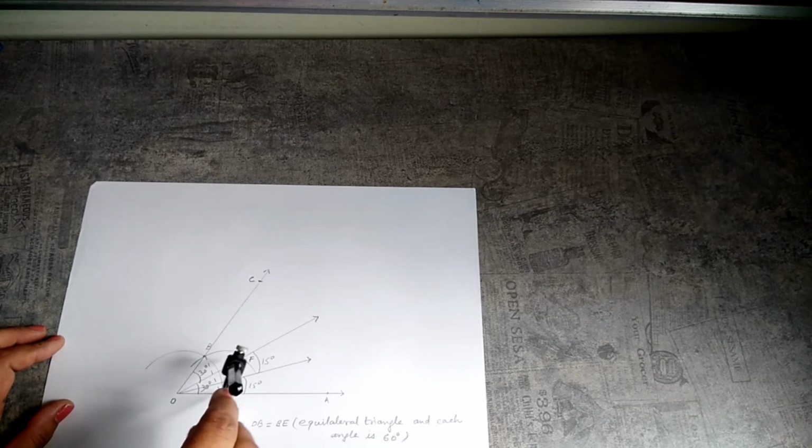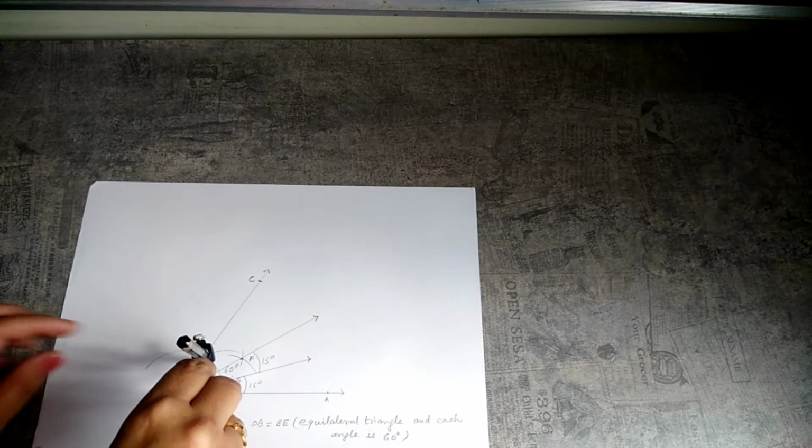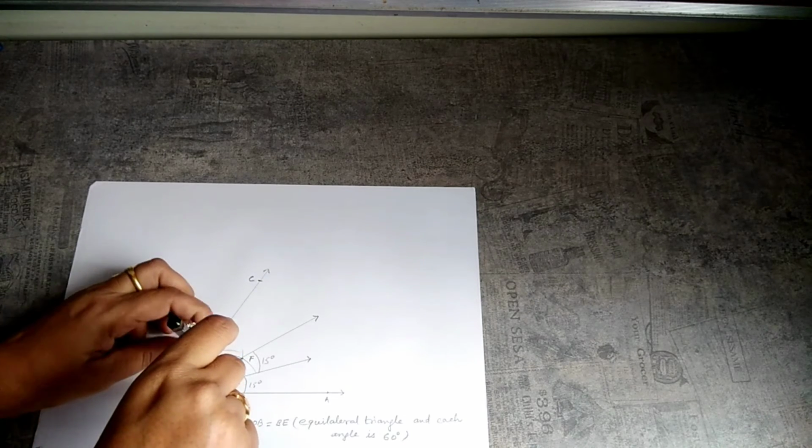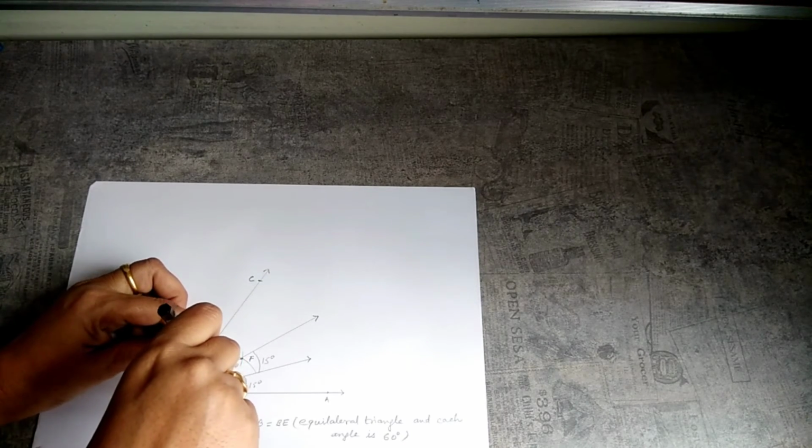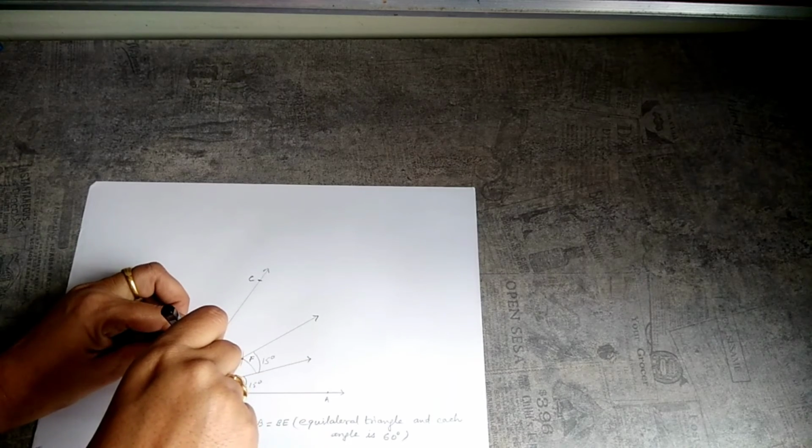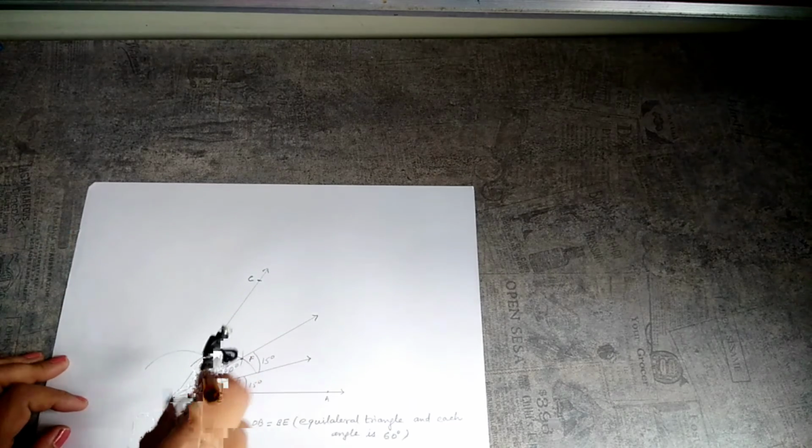If we want to construct an angle of 120 degree, first of all we will have to do the steps of construction for 60 degree.